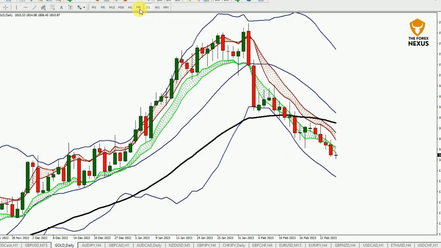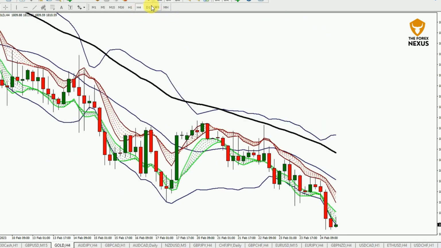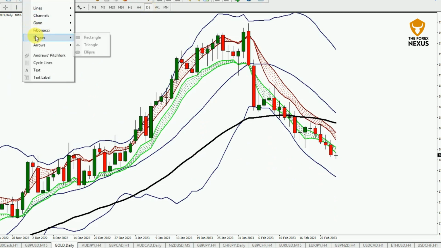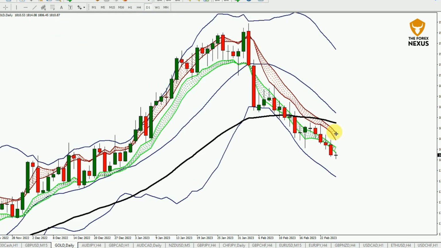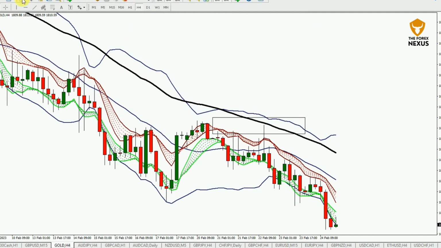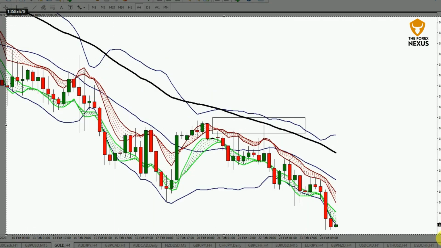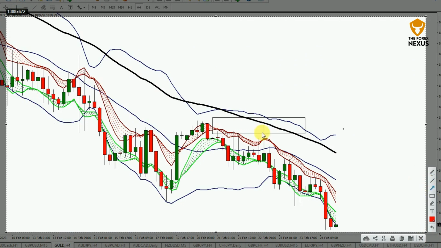Now let me mark this daily area. Okay, move to its second time frame. This is your second time frame for the daily reentry.